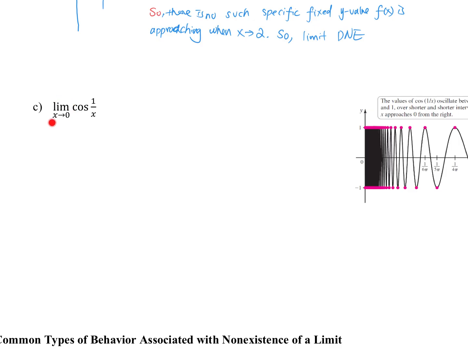The limit as x approaches 0 of cosine of 1 over x. Actually, cosine is an even function, so regardless of the sign of this 1 over x, the result cosine of 1 over x will be the same.